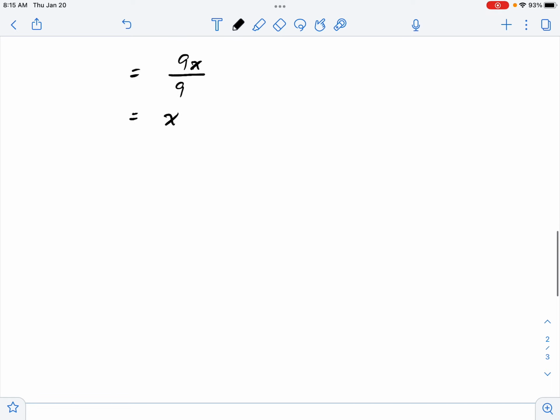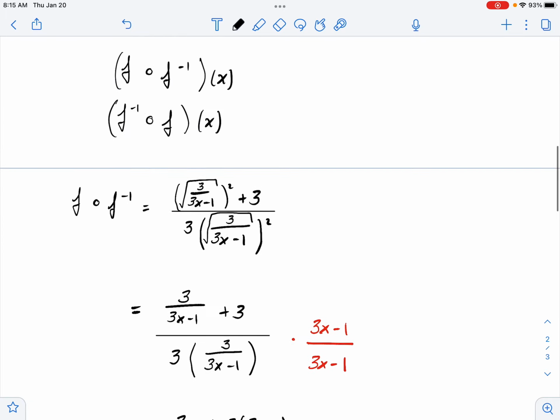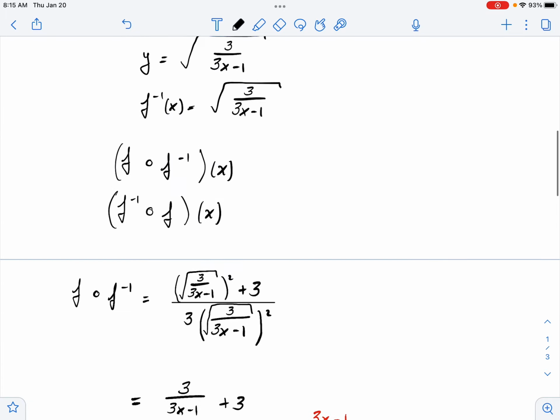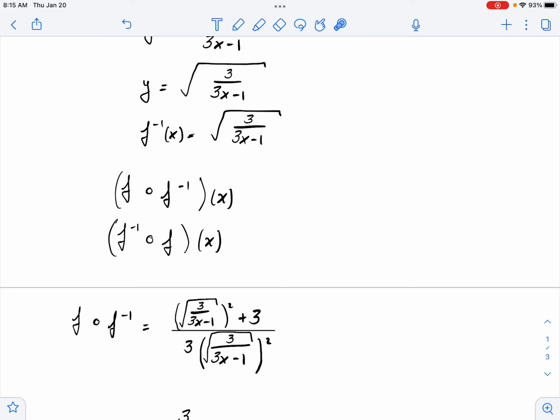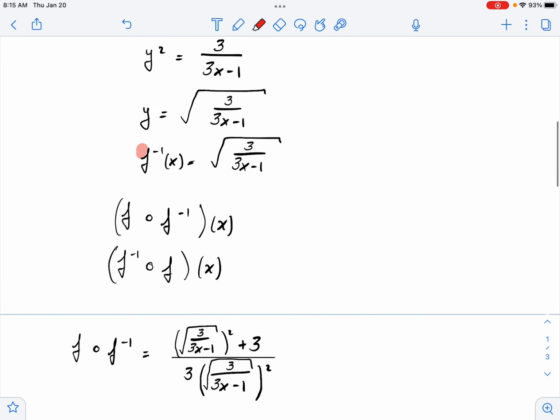Now I want to find f inverse of f. If I go back and look at f inverse, this here is f inverse.